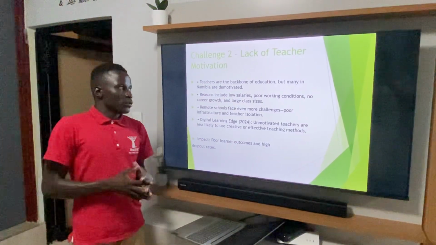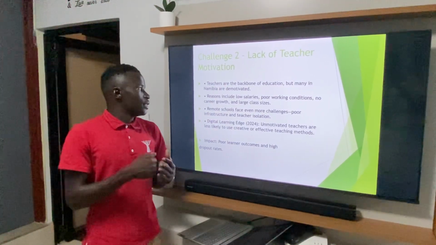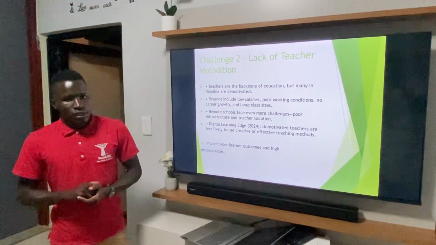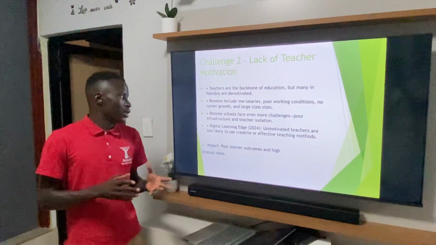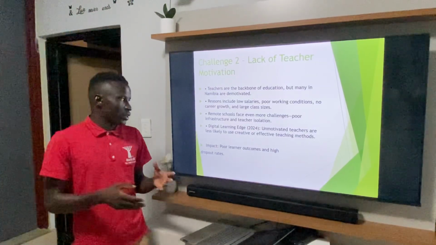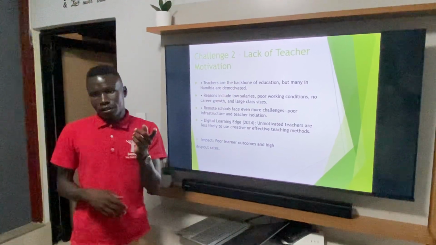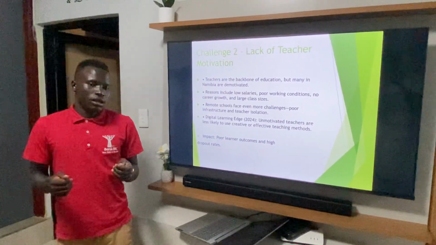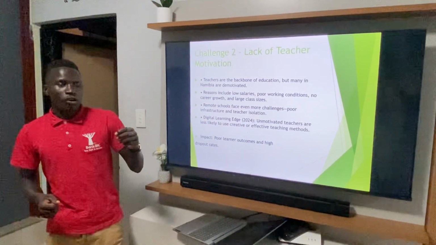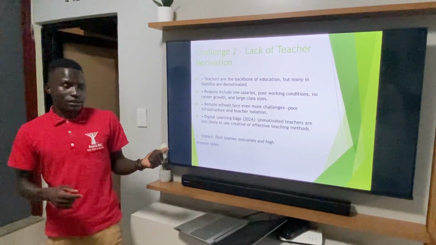Teachers are the backbone of education, that one we all know, but in many areas in Namibia, teachers are demotivated due to reasons that include low salaries, poor working environments and career growth, as well as large classrooms, meaning that at certain schools, teachers have to accommodate more learners in one class than in others.